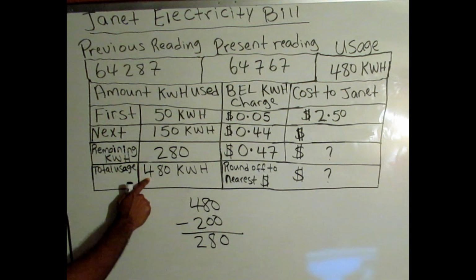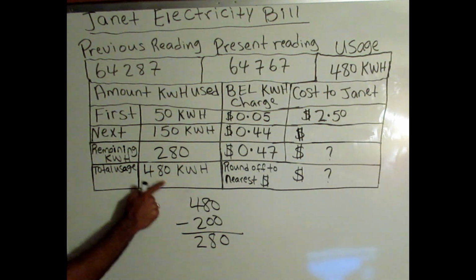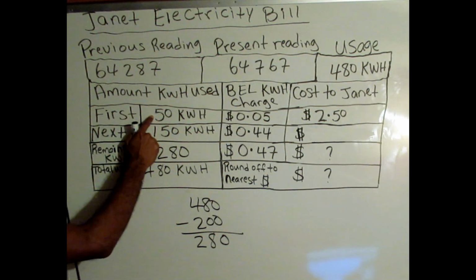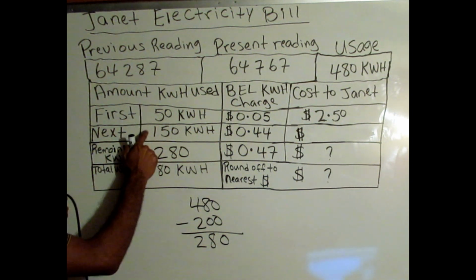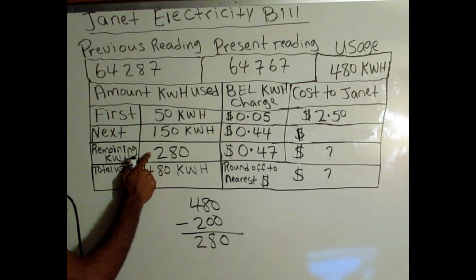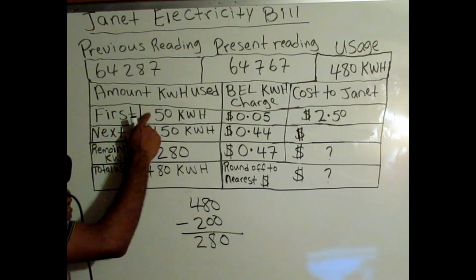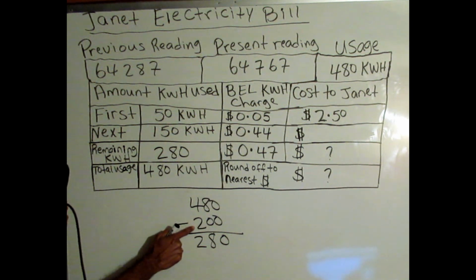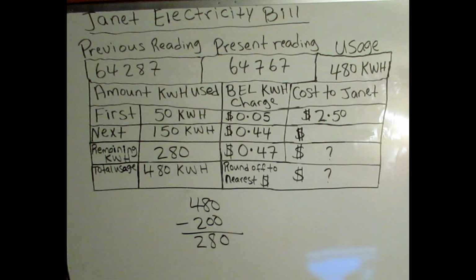The total from the problem that Janet used is 480 kilowatts, the first amount she used was 50 kilowatts, and the next is 150. We add 50 plus 150 to get 200, and we subtract the 200 from the 480. That's how we get the 280 remaining.